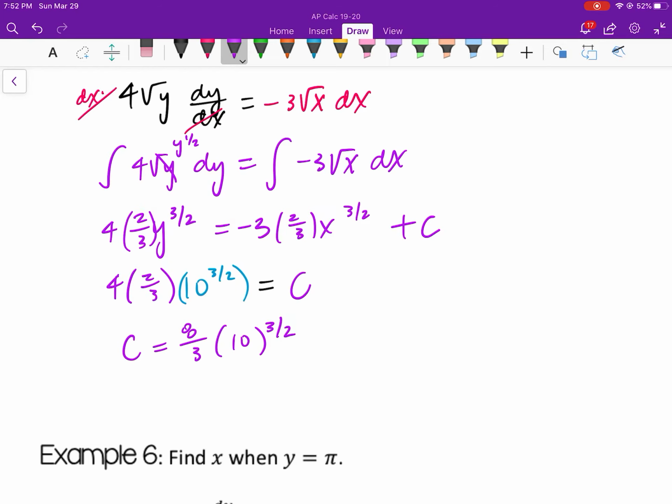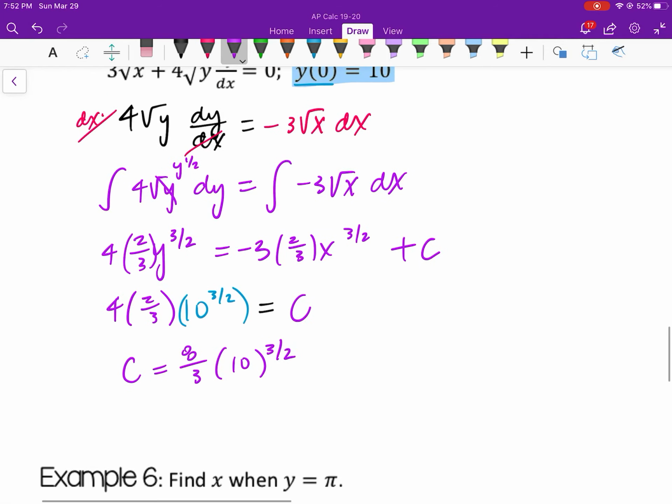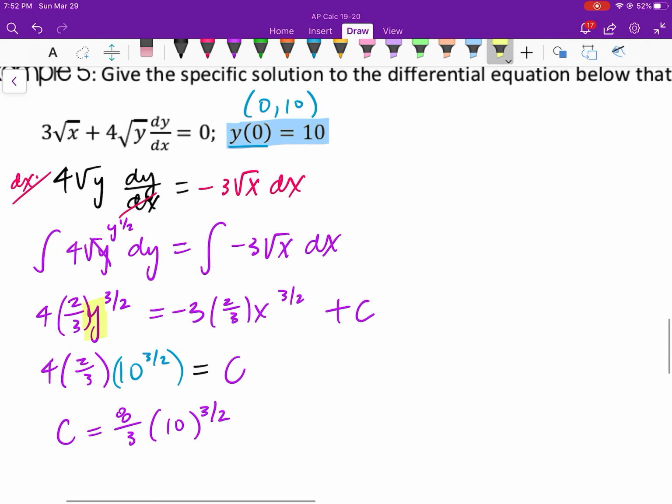So then, now that we have c, we need to write our entire equation. So now we are still stuck solving for that y, but it was just a little bit easier to find c beforehand. So let's see, we have 8/3 y to the 3/2 equaling negative, what would that be? Negative 2, cool.